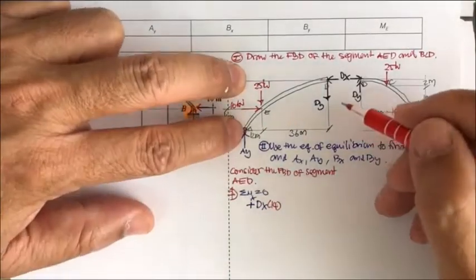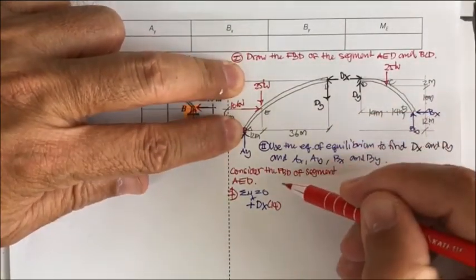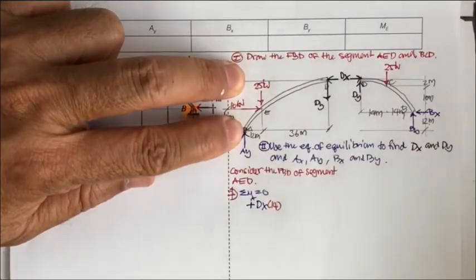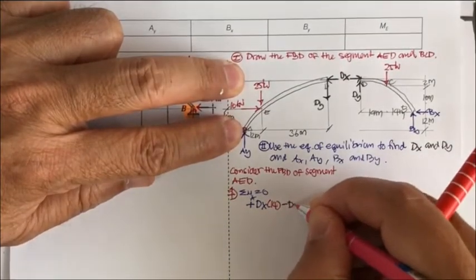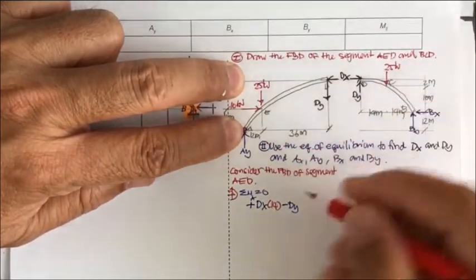And how about D sub y? D sub y is in the opposite direction, so it's going to be minus D sub y times 48.